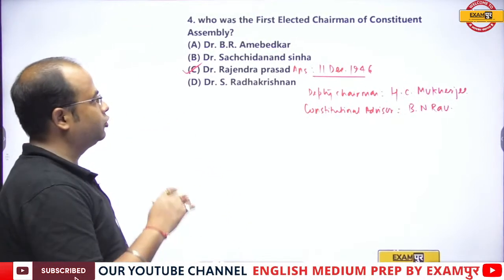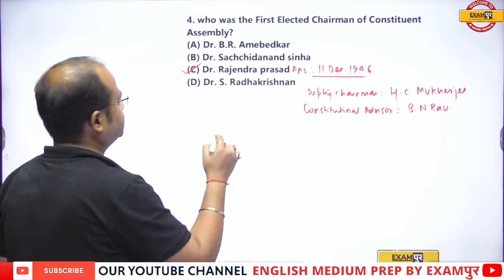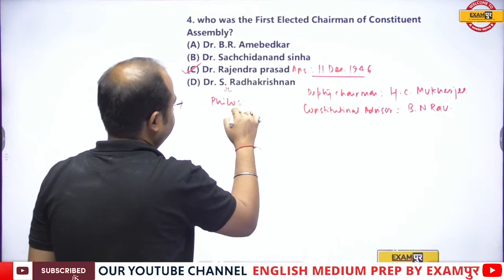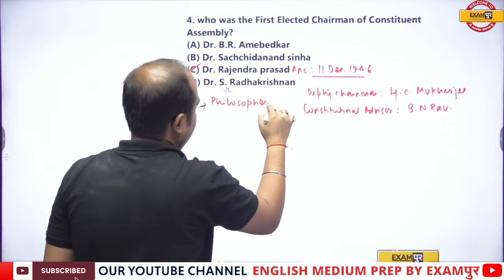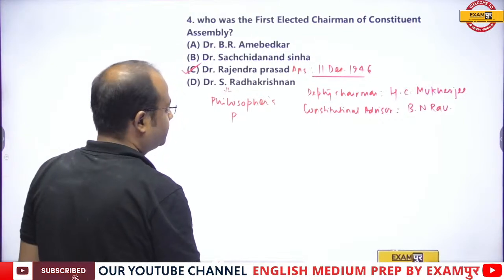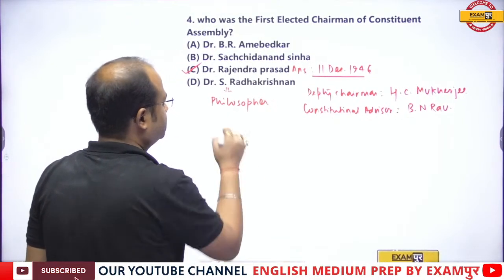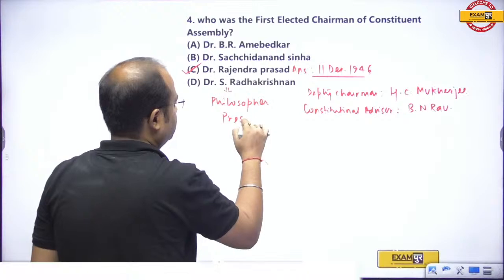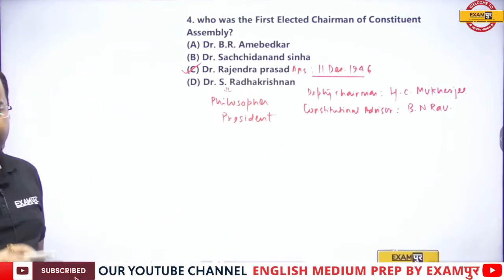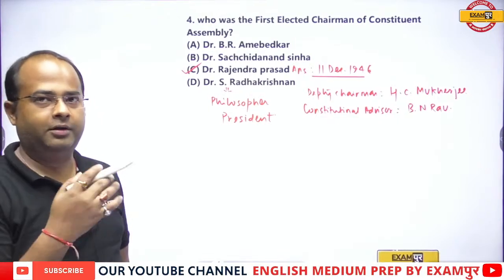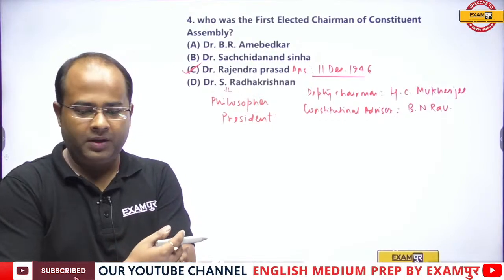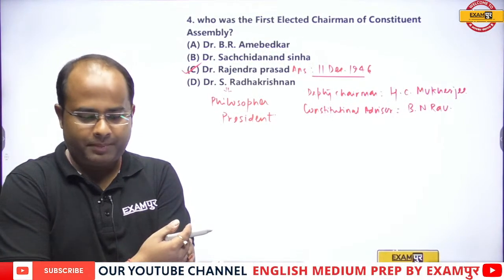Now, one thing you should note about Dr. S. Radhakrishnan: he is known as the philosopher president. The reason is that Dr. S. Radhakrishnan was a professor of philosophy, so he is also called the philosopher president.